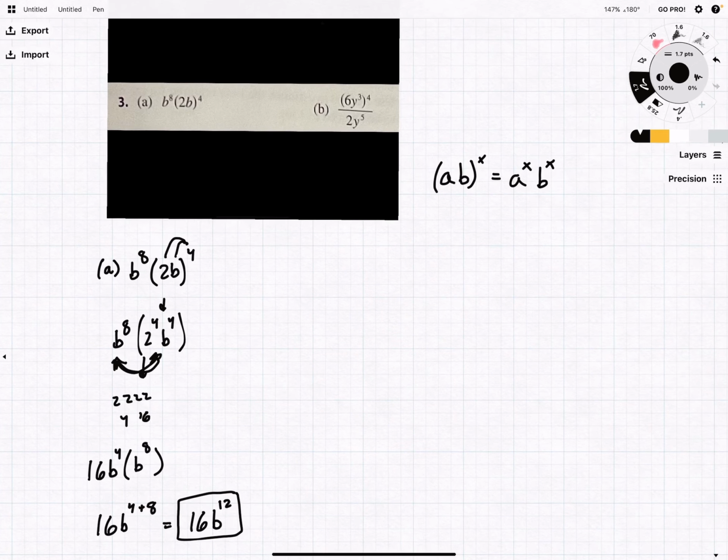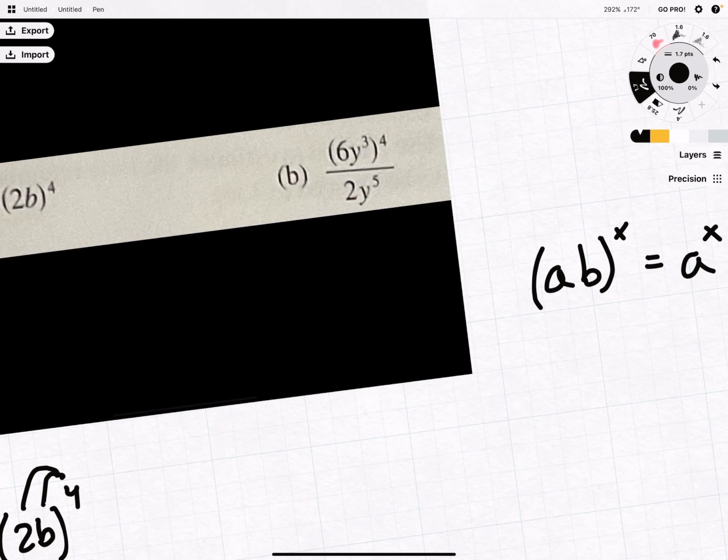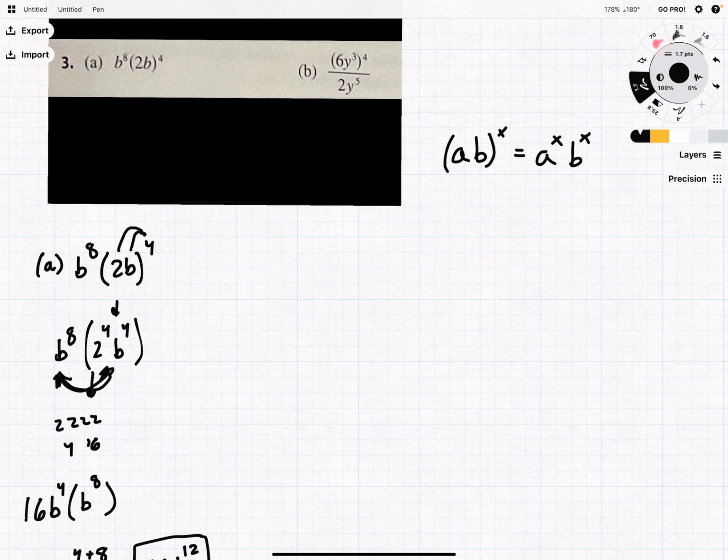For number 2, let's remember this law that I had marked. We have, not 16y cubed, what am I doing? It's because I was reading that parenthesis there and thought it was a 1. So anyways, we have (6y cubed) to the 4th, all over 2y to the 5th.